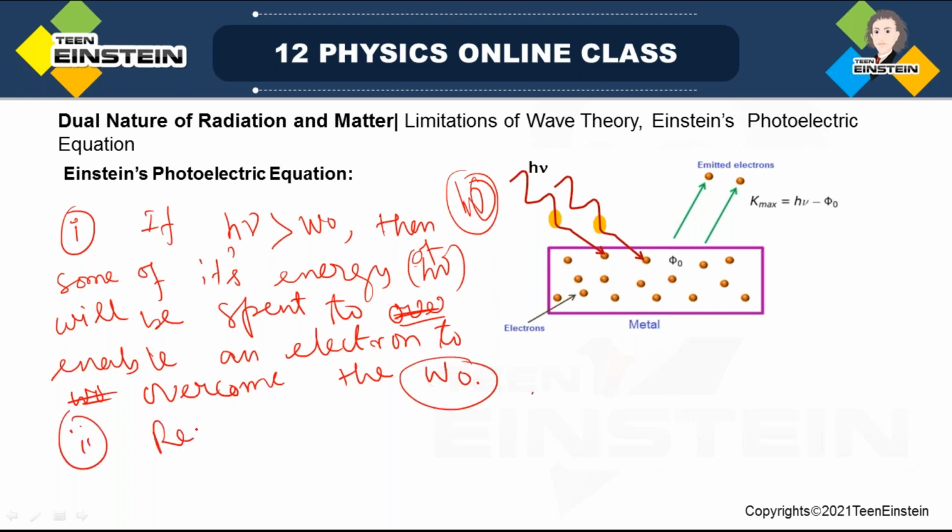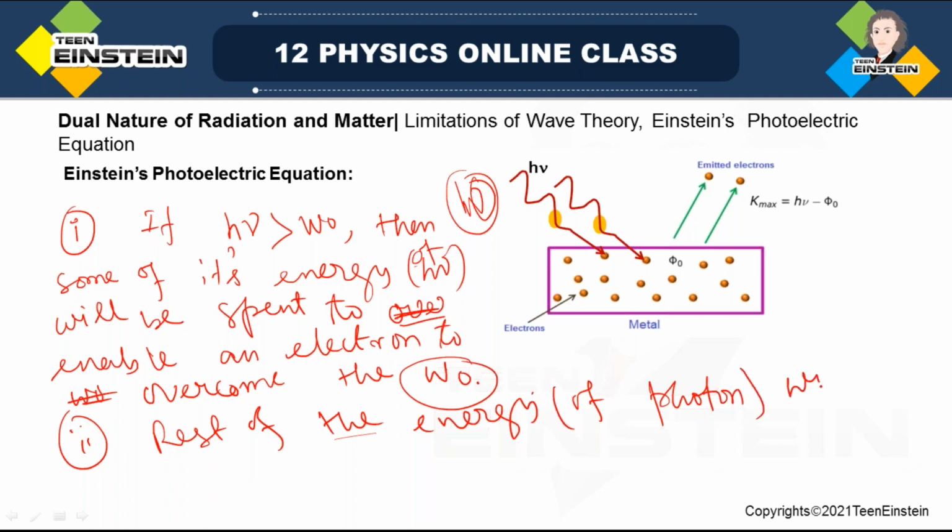And the second thing is the rest of the energy of the photon will be imparting kinetic energy to the electrons.